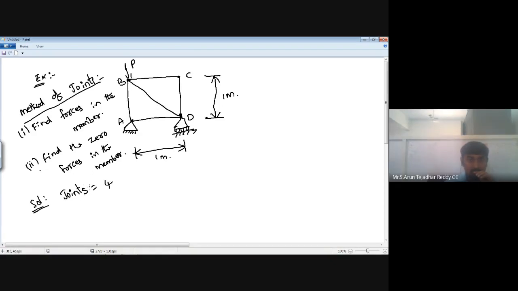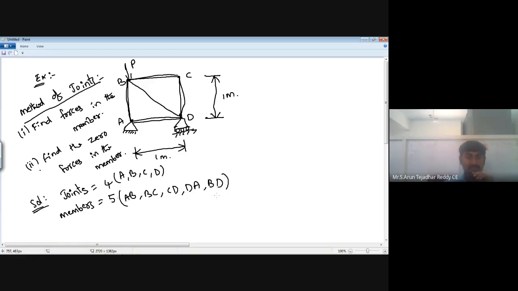Joints are 4 only. Now coming to the members: A to B, one member; B to C, second; C to D, third; D to A, fourth; and B to D, that is fifth. Totally 5 members: AB, BC, CD, DA, BD.